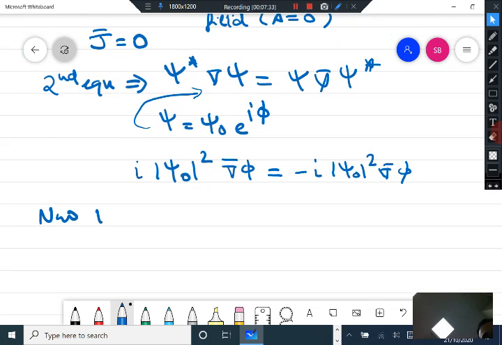Now mod of psi naught square is not equal to 0 because the density of Cooper pairs inside the system is not equal to 0. If it's a superconducting state, definitely mod of psi naught square cannot be equal to 0.